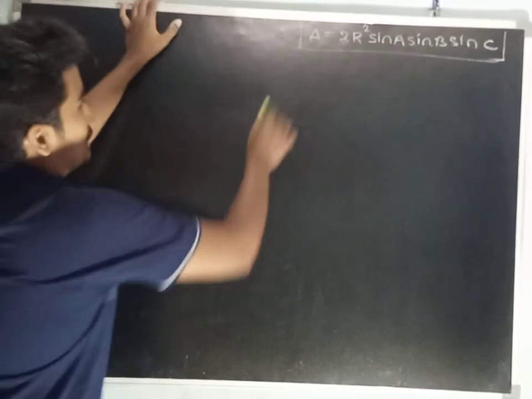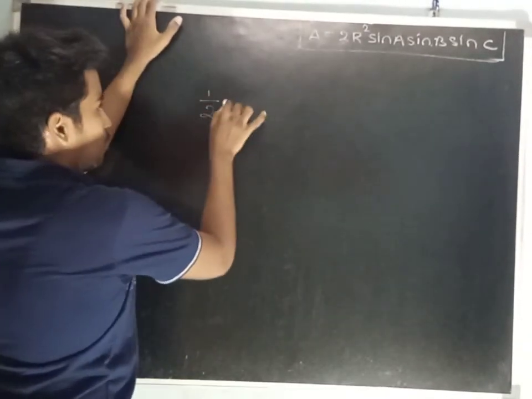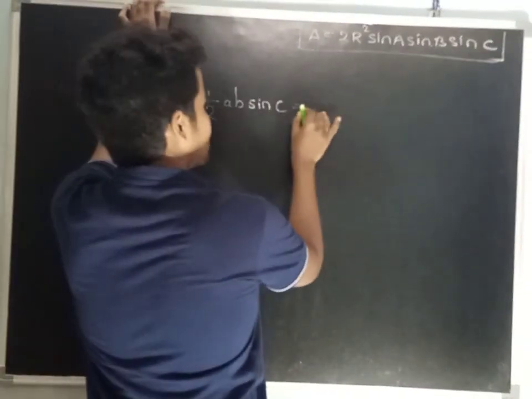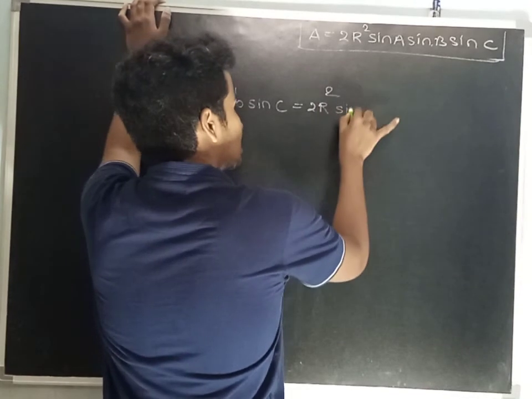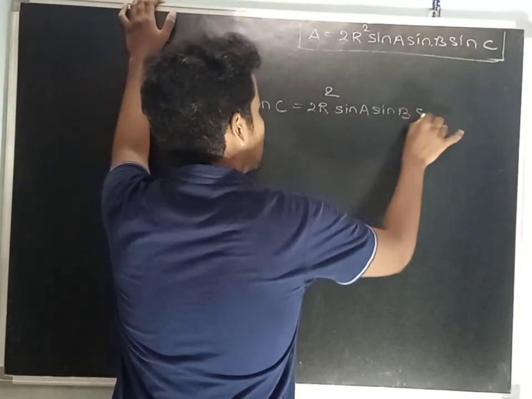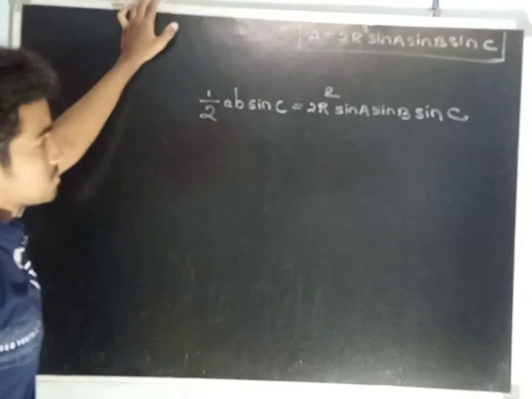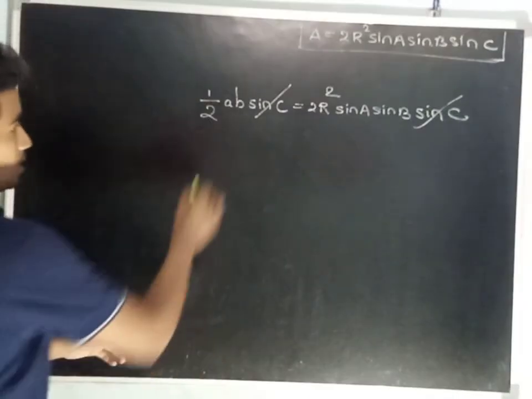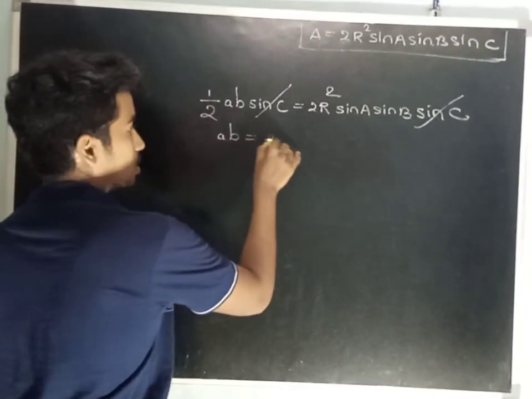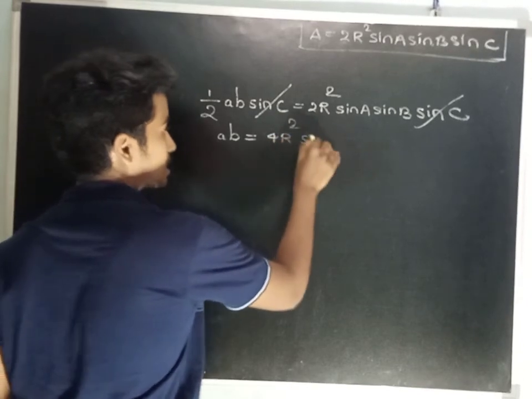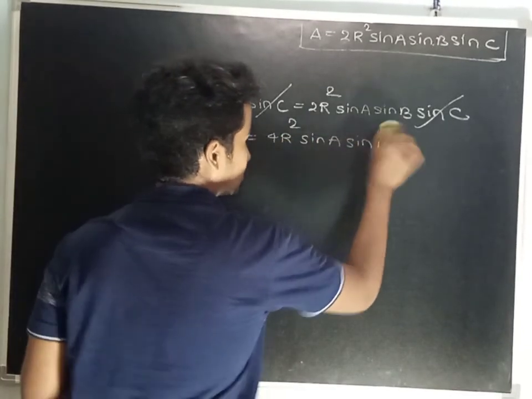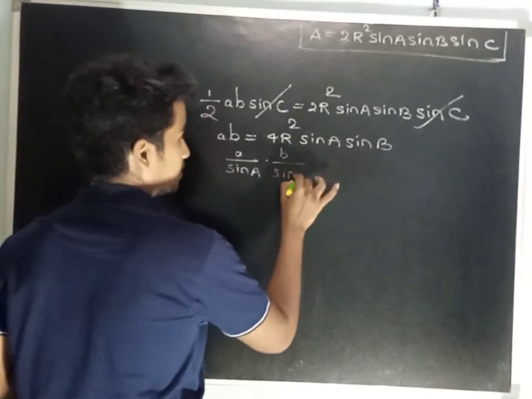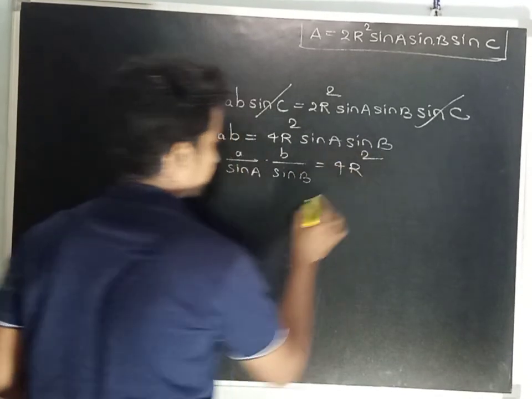Area of triangle, delta, can be written as half ab into sin C. Half ab sin C is equal to 2R square sin A sin B into sin C. Here sin C and sin C get cancelled. So ab is equal to 4R square sin A sin B. a by sin A times b by sin B is equal to 4R square.